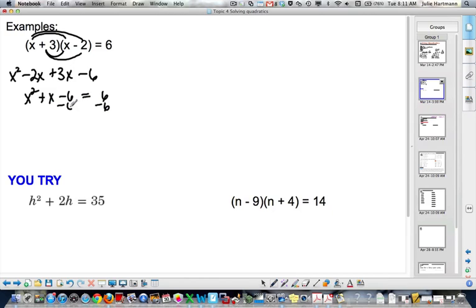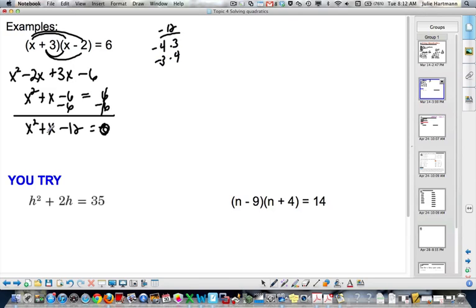Now we have to set it equal to 0. So we have x squared plus x, negative 6 minus 6 is negative 12. And that equals 0. Now we can factor. Okay, what multiplies to give us negative 12, that adds to give us 1. Well, negative 12 is going to be either negative 4 and 3 or negative 3 and 4, right?